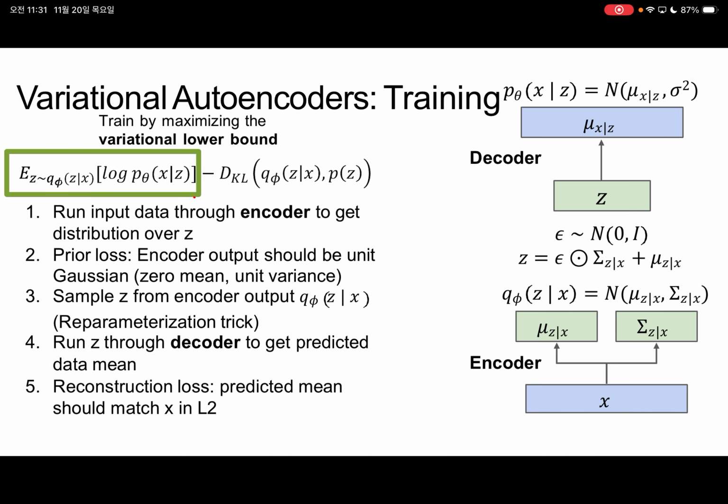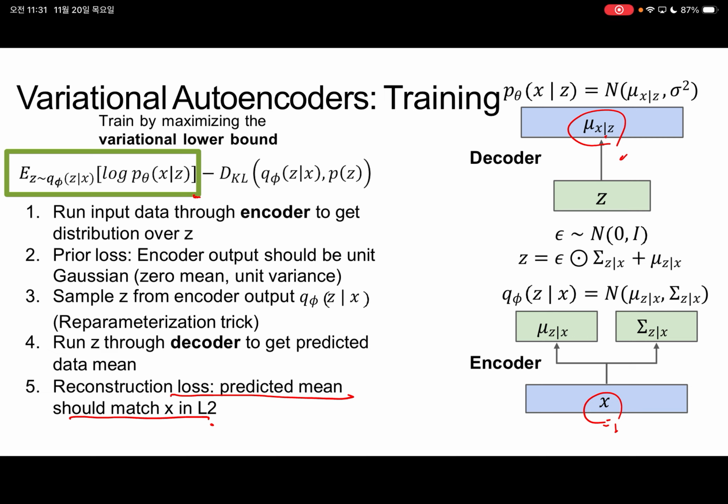And here we have the first loss function, reconstruction loss, maximizing likelihood, and that means minimizing L2 distance between the reconstructed output and input data. That is the reconstruction loss. So we compare the reconstructed data and x to be as close as possible. Here, for the reconstruction loss, the predicted mean should match x in L2. So mu(x|z) and x should be the same.